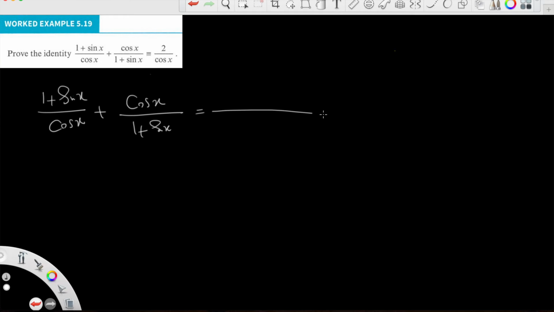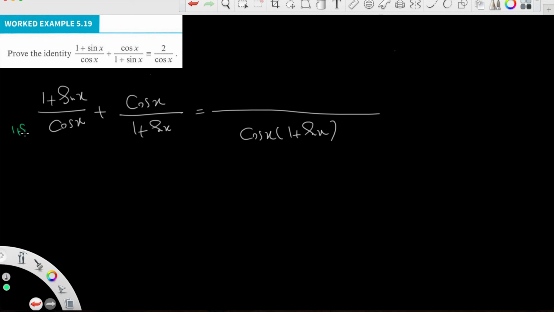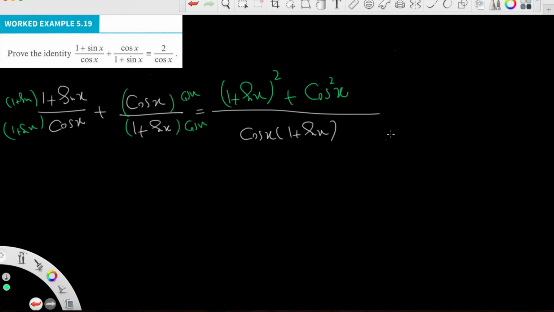Now I take a common denominator, which is cosine of x times 1 plus sine of x. So in the first fraction, the denominator and numerator should be multiplied by 1 plus sine of x, so it is 1 plus sine of x squared. In the second fraction, the denominator and numerator should be multiplied by cosine of x, so it will be plus cosine squared of x.